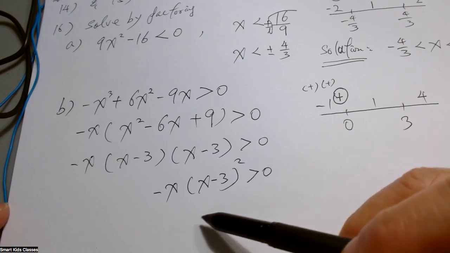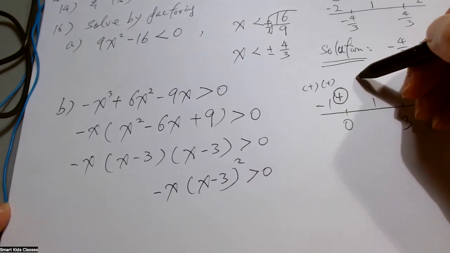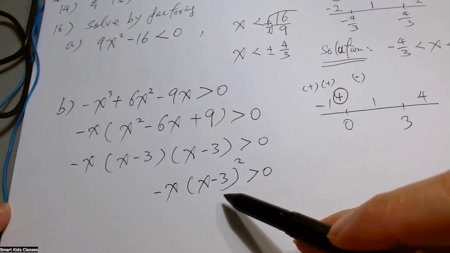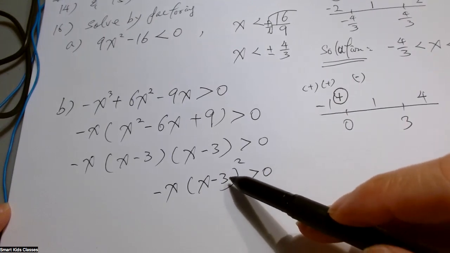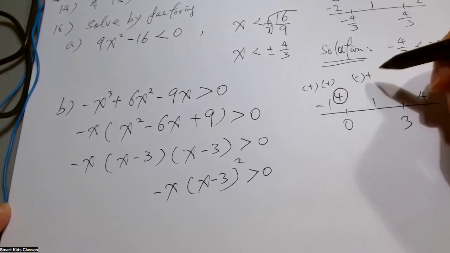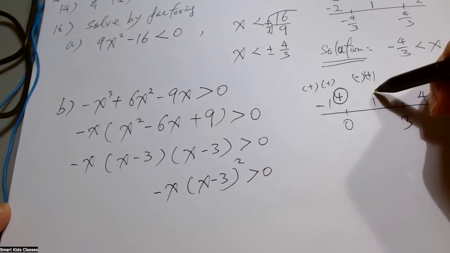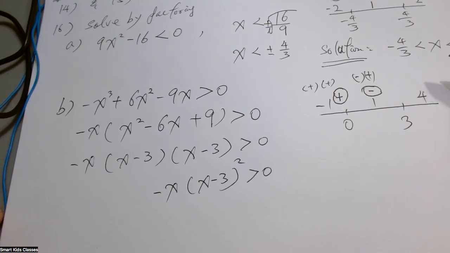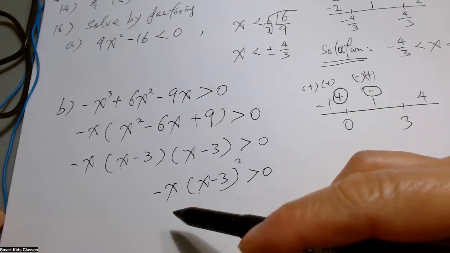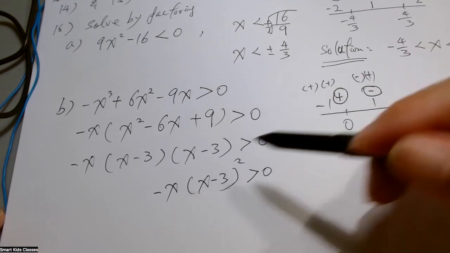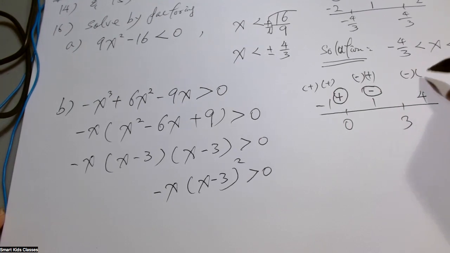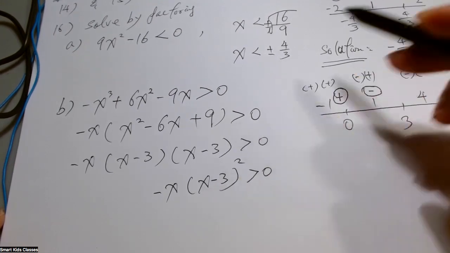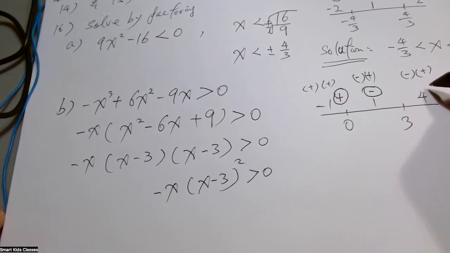Now, how about 1? We get the first bracket is negative. Then the squared part, exponent 2, we get positive. Then we get negative in this interval. How about 4? If 4, we get a -4, so we got negative. The 4 squared here, we get positive. So we got a negative here.